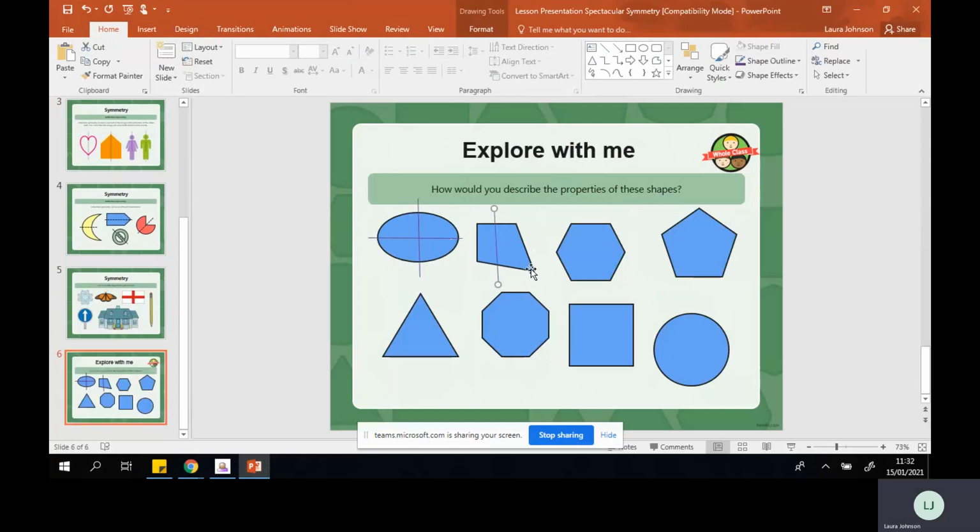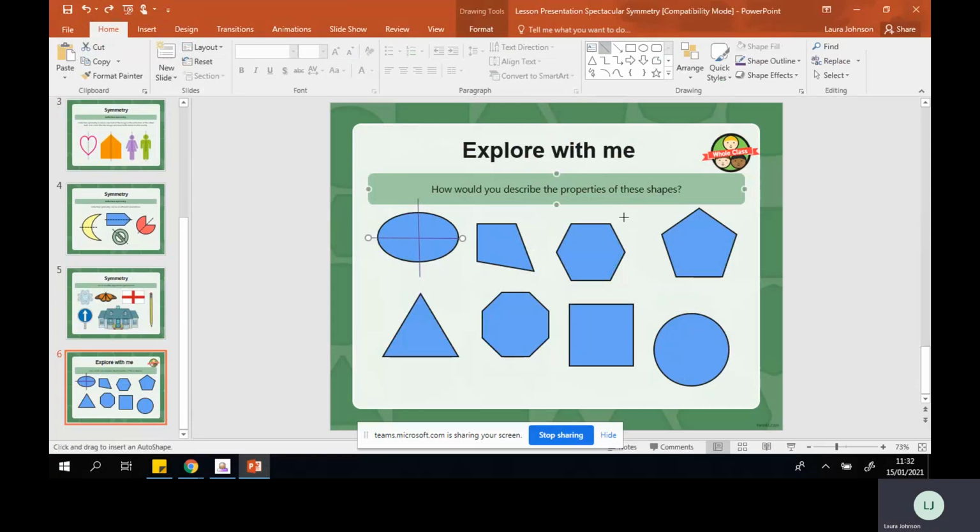It's not, is it? Because we've got a pointy side here. I wonder how many lines of symmetry there are in this shape then. I haven't found any yet. What if I try diagonally? Is it the same on this side as this side? No. So this shape has no lines of symmetry.